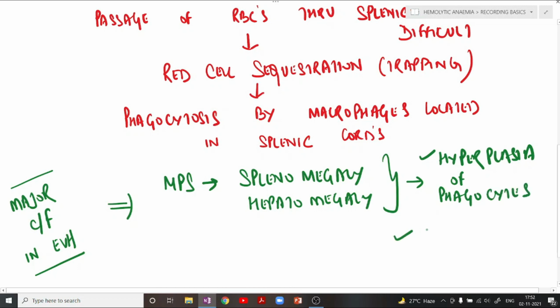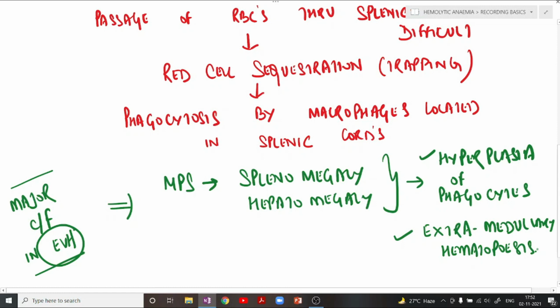The second important point on why hepatosplenomegaly occurs: whenever the anemia becomes very severe, hemolytic anemia in case of extravascular hemolysis, if it is persistent and severe, the body will start to produce blood cells outside the bone marrow, and that is called extramedullary hematopoiesis. That is, the blood cell formation or hematopoiesis will start to occur outside the bone marrow.